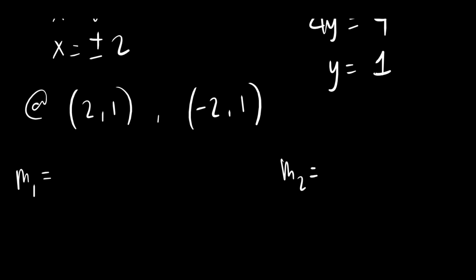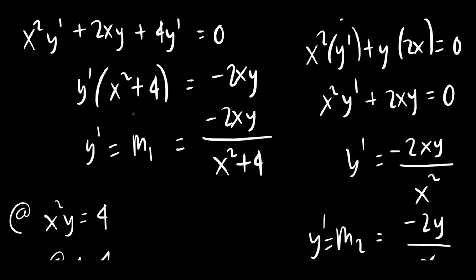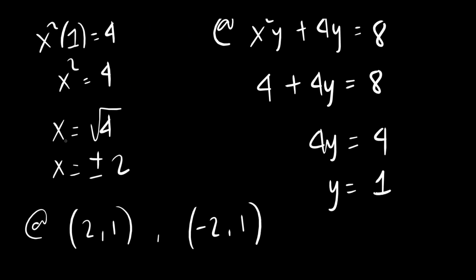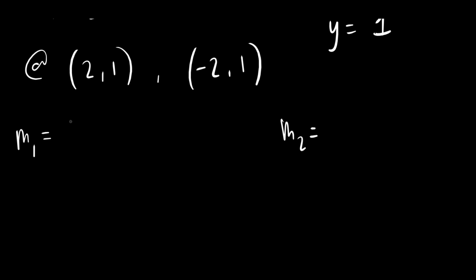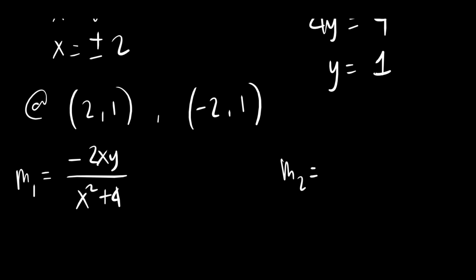So what is the value of m1 here from our previous solution? This is the value of m1: negative 2xy all over x squared plus 4. For m2, we'll have negative 2y all over x.